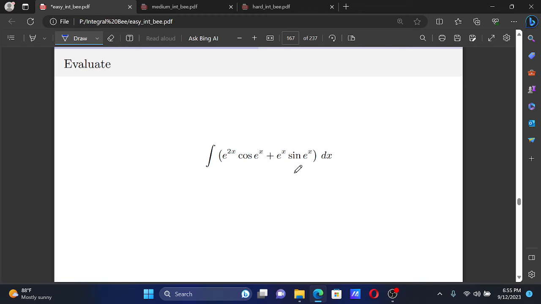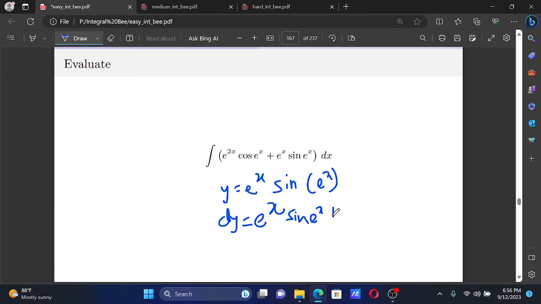For this one, what you can probably do is check for the derivative that's in the form of the product rule. If you just have this as y, then dy equals e to the power x sine of e to the power x plus e to the power x cos e to the power x times e to the power x.